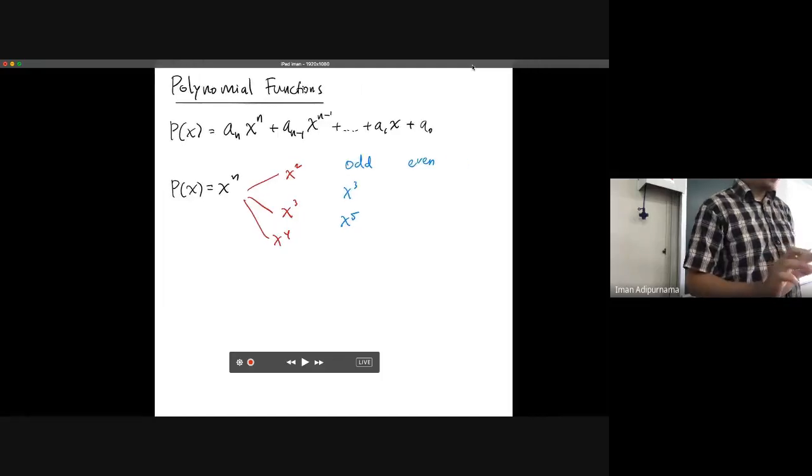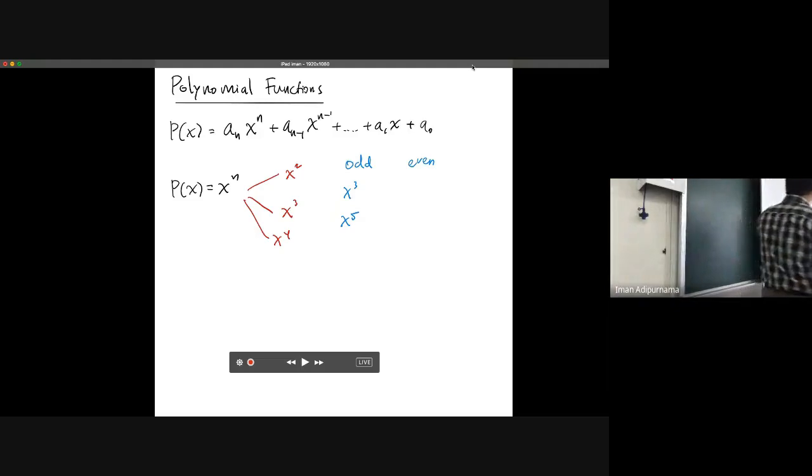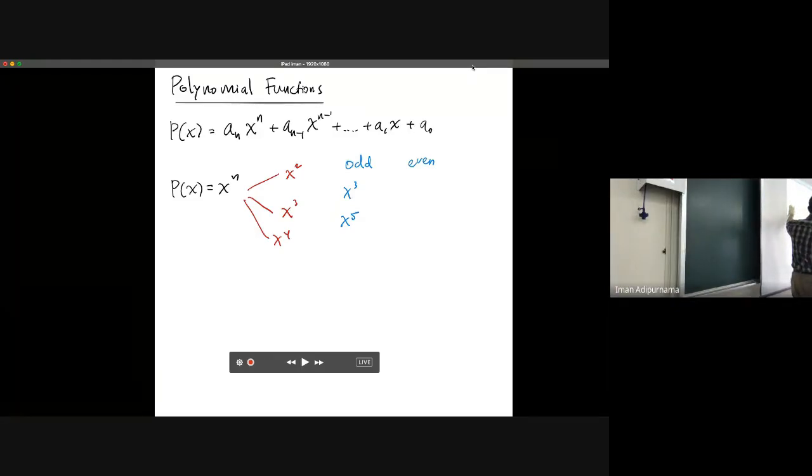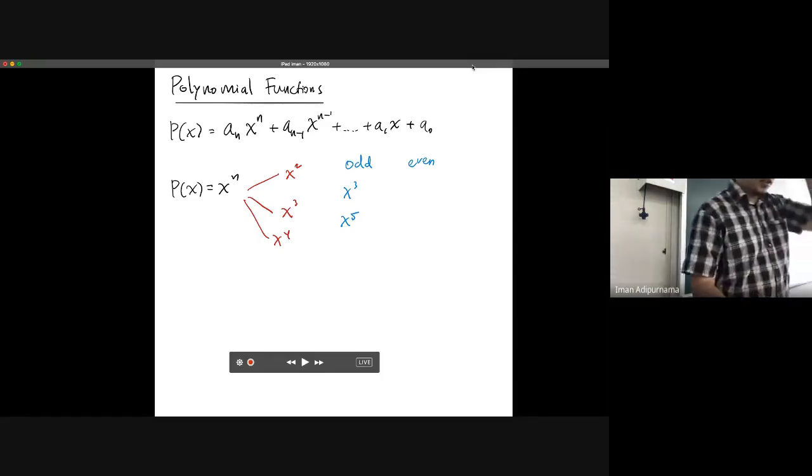But remember, in polynomial you learn about the degree of the functions. You learn the squared, cube, right? But we will not have linear functions in polynomial. So one general requirement here is n should be greater than 1.